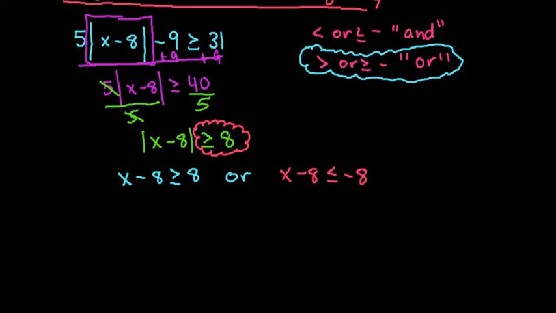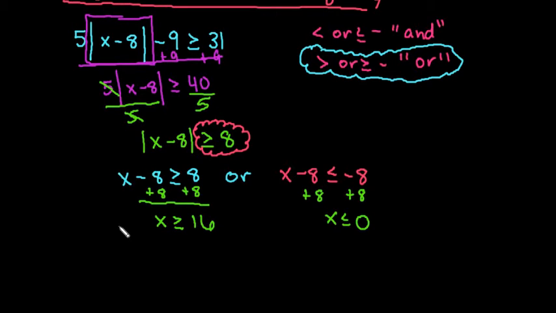So once you get to this point, you simply just have to solve the resulting equations. These ones are both very simple because all we have to do is add 8 to both sides. So we can see that x can either be greater than or equal to 16, or if we add the 8 to both sides, x can be less than or equal to 0.